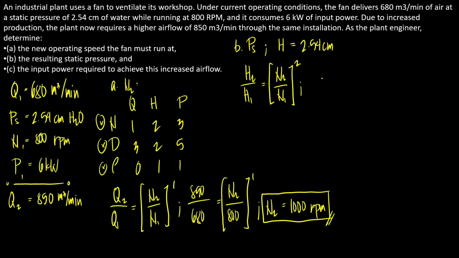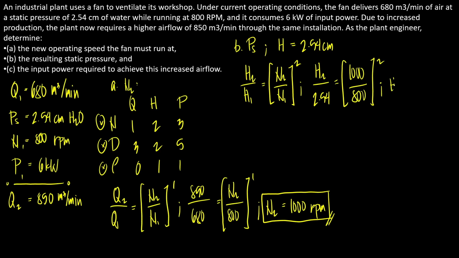So H2, the resulting static pressure, is H1 of 2.54 times 1000 over 800, squared.